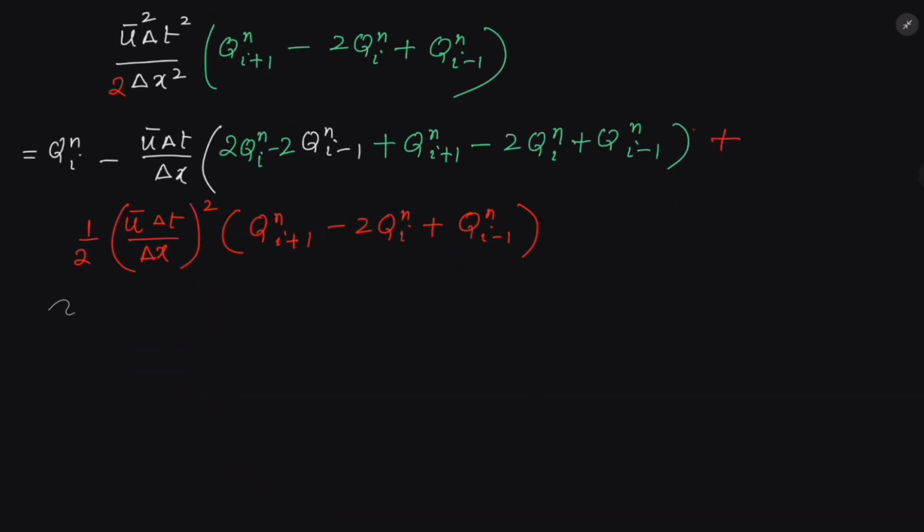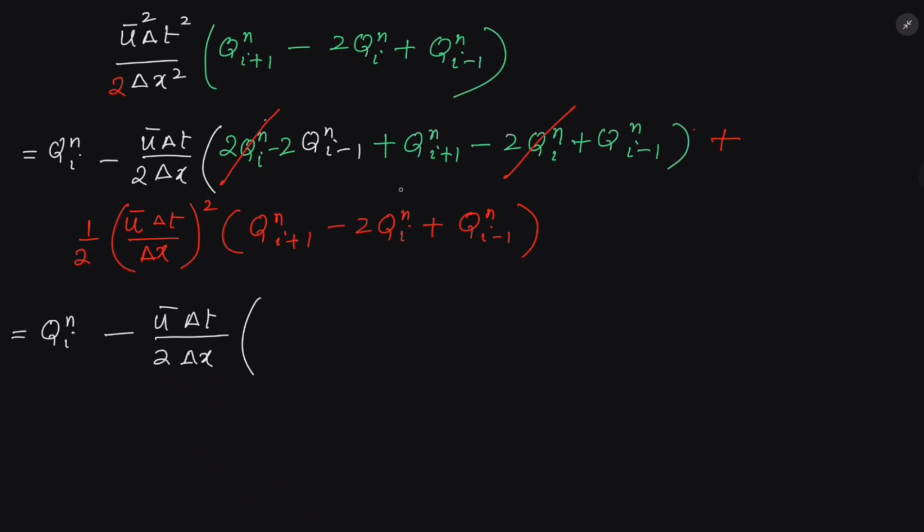Now it's a matter of simplification. q n i minus u bar delta t by 2 delta x. There should be 2 as well, 2 delta x. 2 q n i will be cancelled out. This is cancelled.